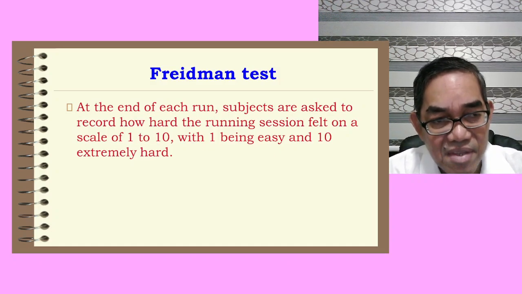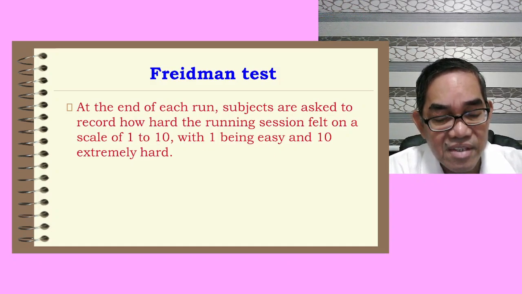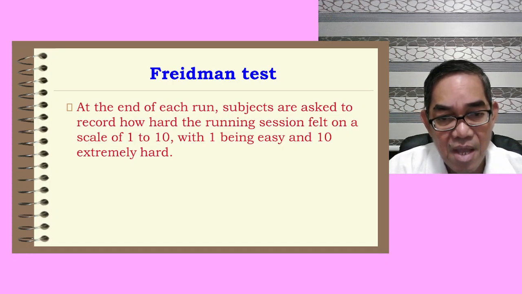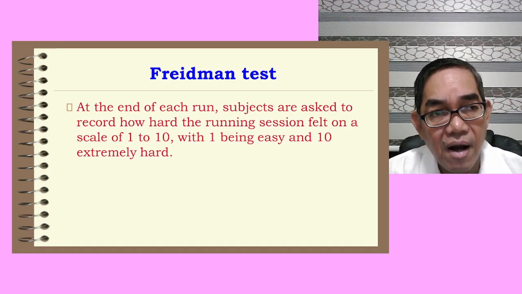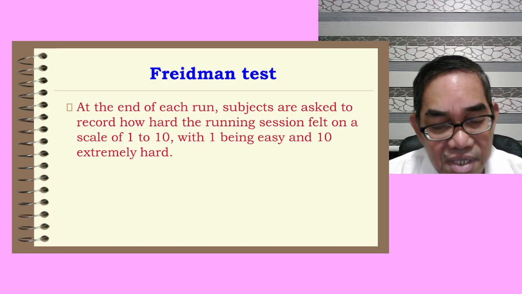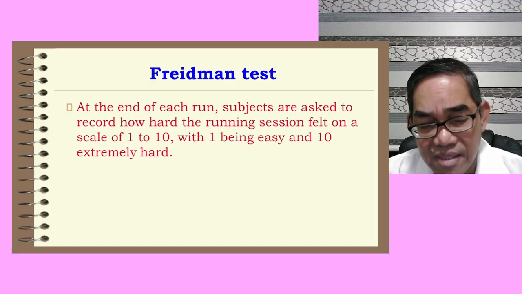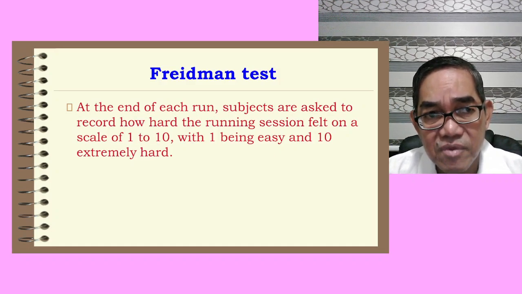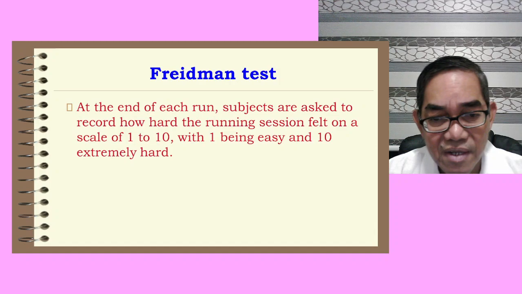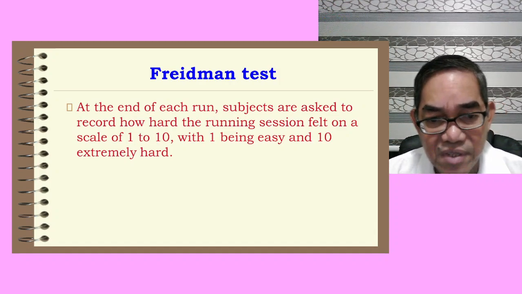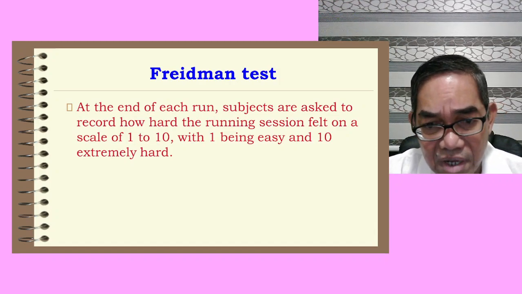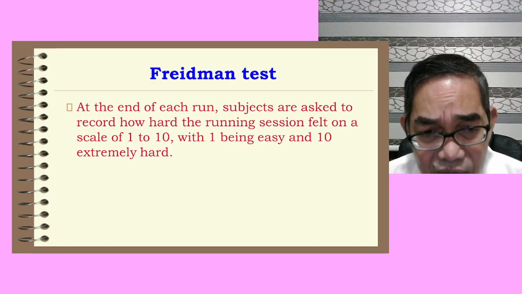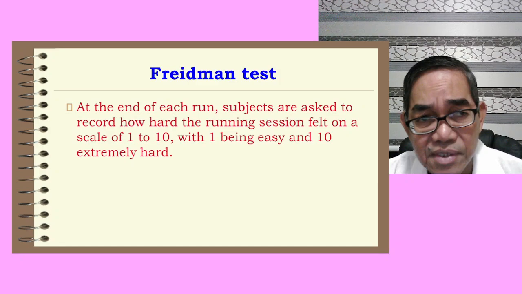So get the mean, okay, and then again among those who run with classical music, combine them all 10, and then all those who ran with dance music, again get the mean, then compare the mean for the 3, because these are nominal scale or ordinal scale of measurement. We use the Friedman's test.